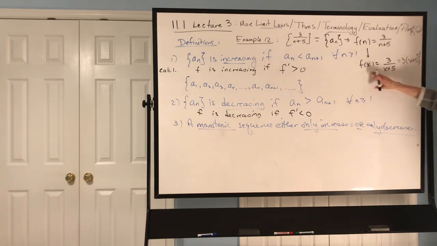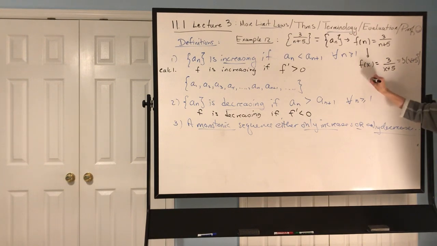Okay, so f of x is 3 times the quantity x plus 5 to the negative 1. So therefore, what is f prime of x? 3 is a constant. The constant multiple rule for derivatives says the derivative of a constant times a function is the constant times the derivative of the function. This function is stuff to the negative 1.